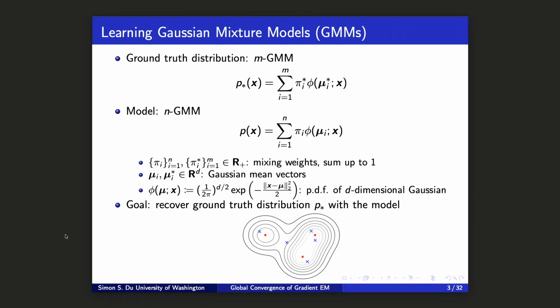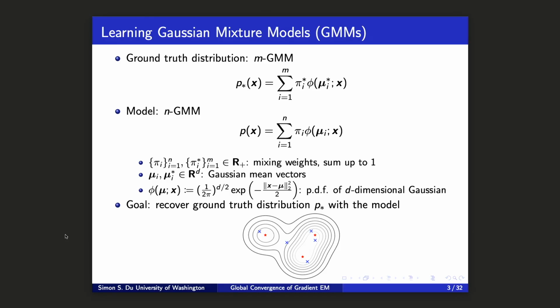Let's say we have a ground truth Gaussian mixture model with M components. The density function you can write in this way: sum over i from 1 to m, where pi i star is a mixing weight, and then we have phi mu i star of x.